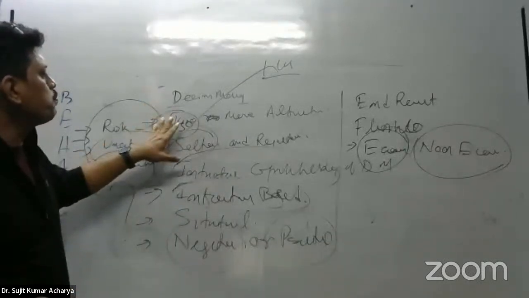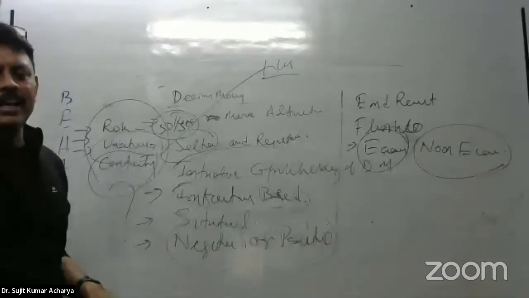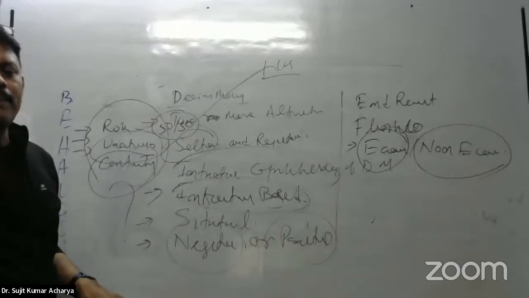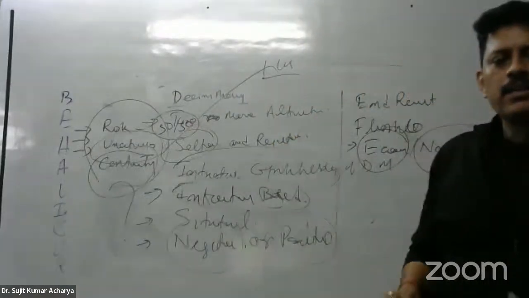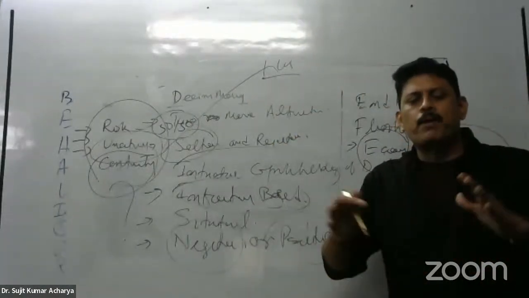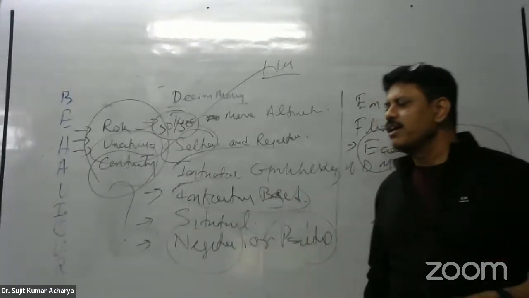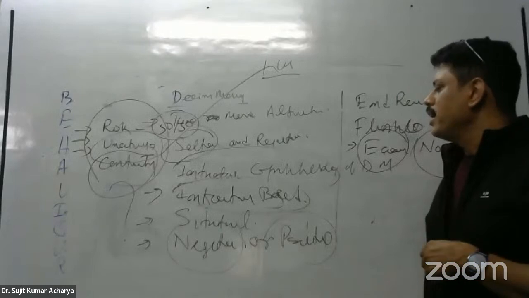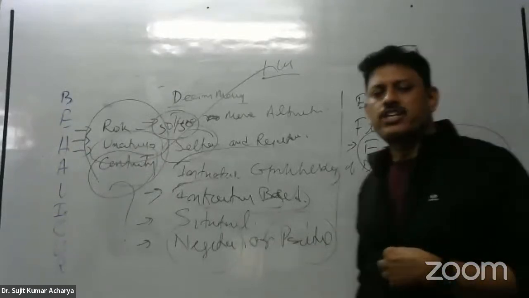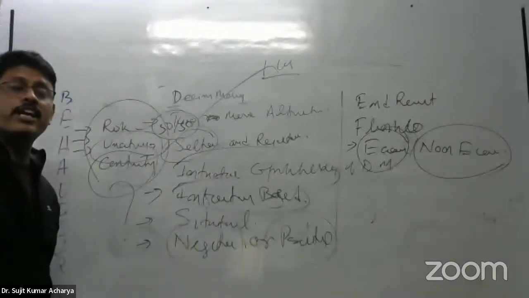Now decision is a continuous process where a decision maker selects the best alternative by analyzing and examining all other possible alternatives.